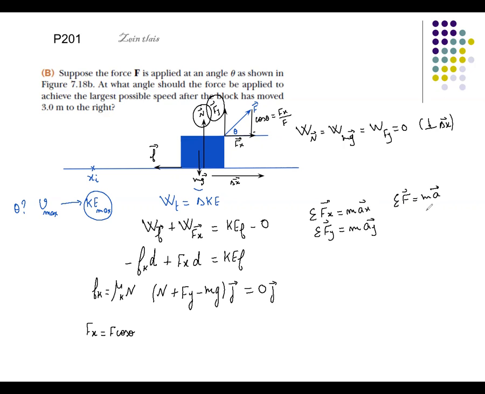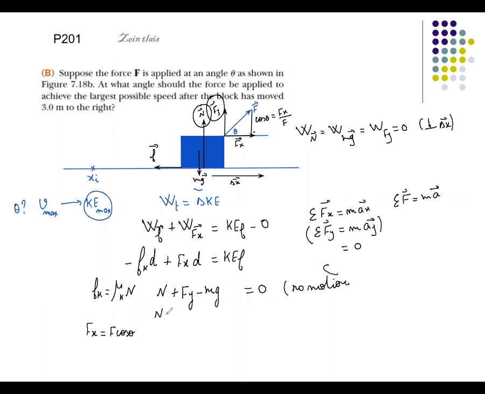In order to calculate N, you take just the y direction. We don't have motion in the y direction, so the summation of Fy equals 0 because we have no motion. And we don't need to put j. We have only one direction.